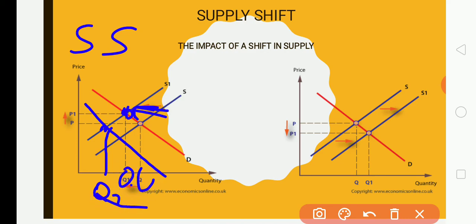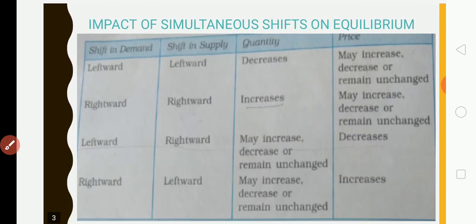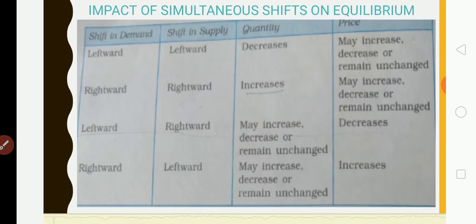But what happened to the price? Either the price may increase, or it may decrease, or it may remain constant. Is it clear? Now we'll move towards the second and third ones. I hope you understood how I'm explaining this concept with the help of the diagram.